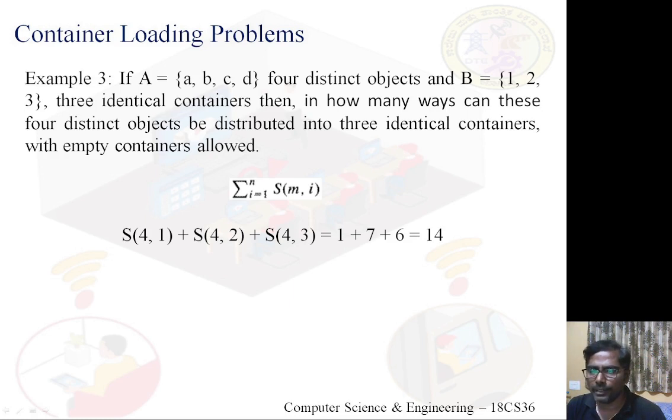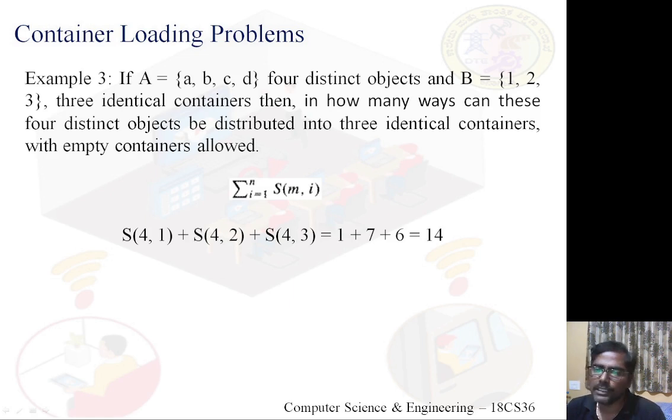I repeat, first I will distribute 4 distinct objects among one container by allowing 2 containers empty. Second choice is, I will distribute 4 distinct objects among 2 identical containers by leaving one container empty. And the third choice is that I will distribute 4 distinct objects among all 3 containers with none left empty.